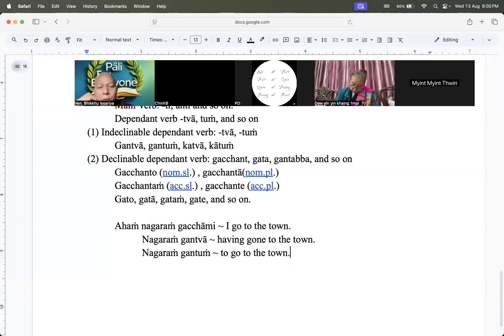After that, we should apply them in our daily reading. At that time we may find such a form, and then we can check, especially in the dictionary, or some are already provided in such a way.